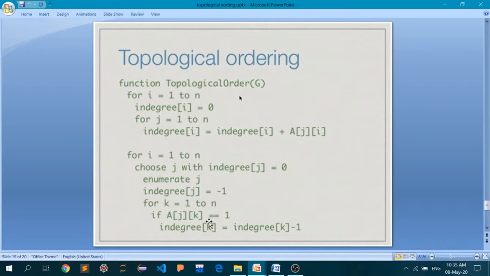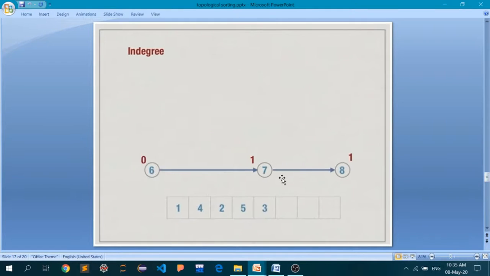In the adjacency matrix, if this possible combination has a value of 1, it means that there is an edge coming into k from the vertex j.